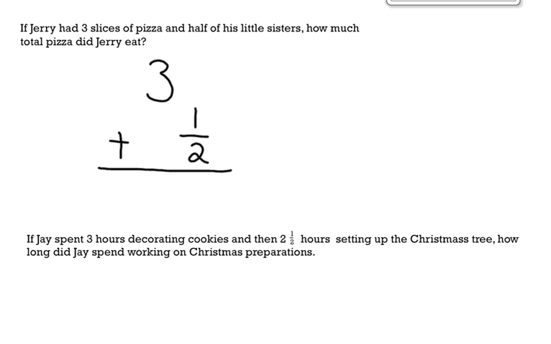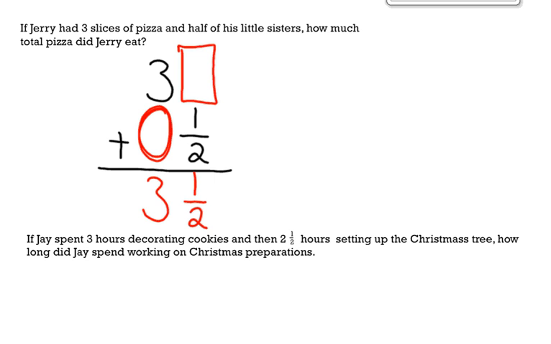We would add the parts. Now, right here, there is no fraction, and it's treating it just as if it was a 0. 0 plus a half is going to be a half. And then 3 plus, there's no whole number here, so we'll just go straight down. And we've worked with that.